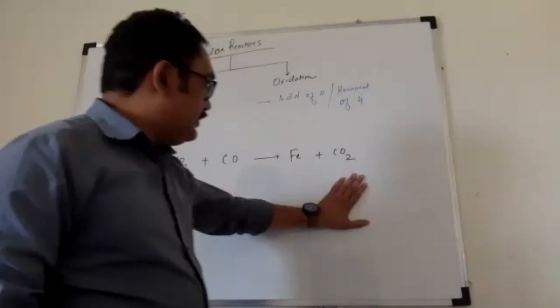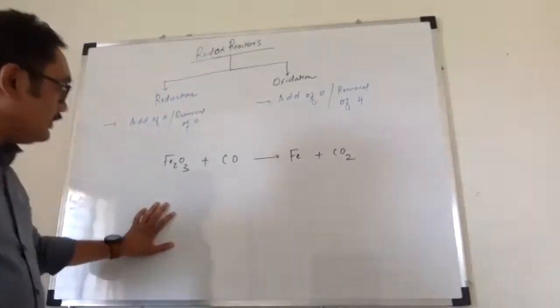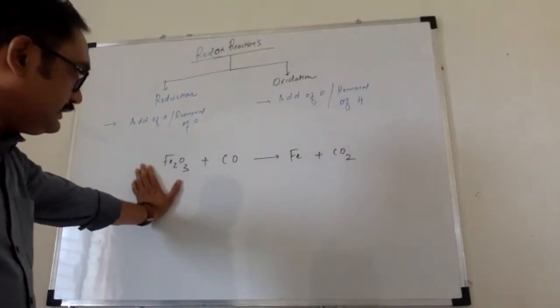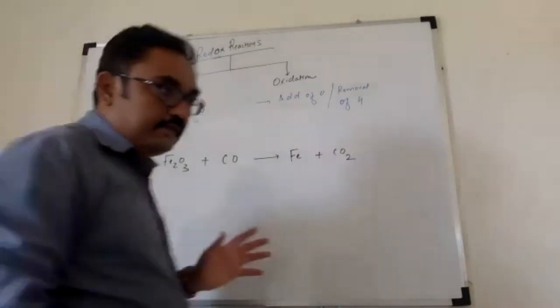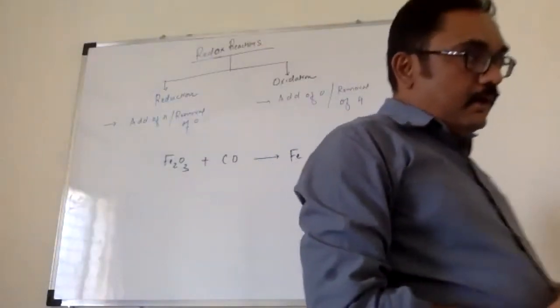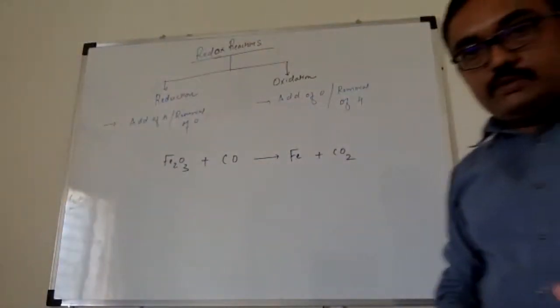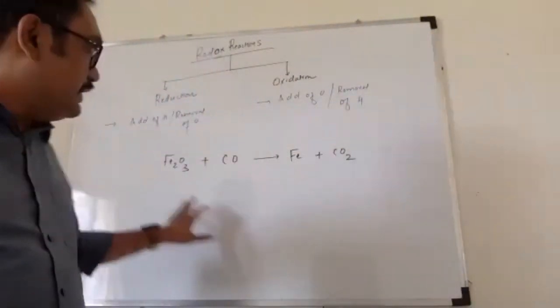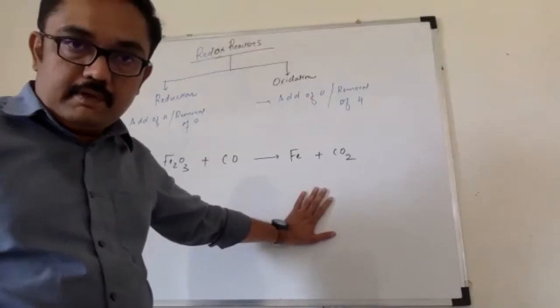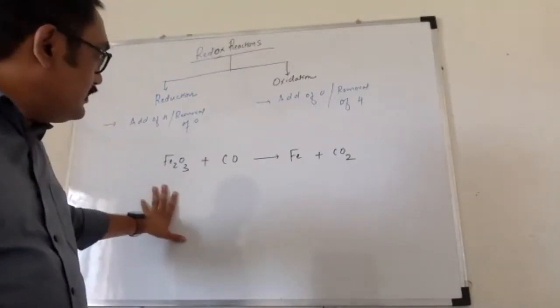This is our equation. These are our reactants and this is our product. Now, if you see during this reaction, what has happened to the Fe2O3? It has gone into Fe. It is reduced.